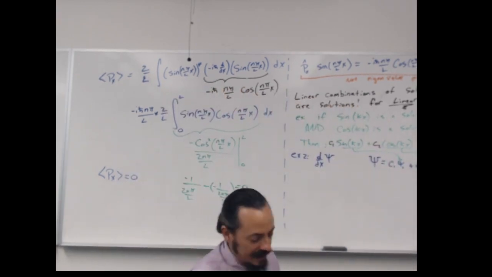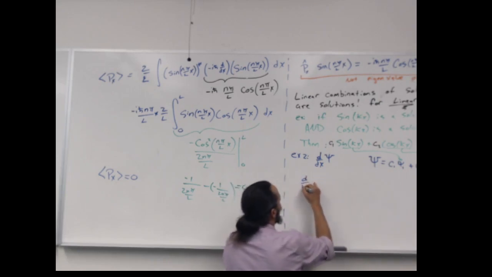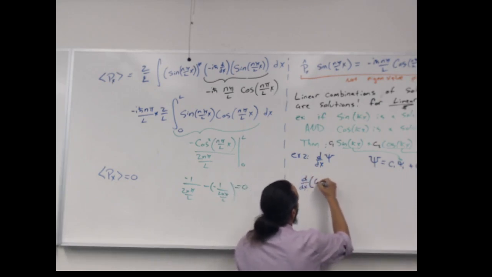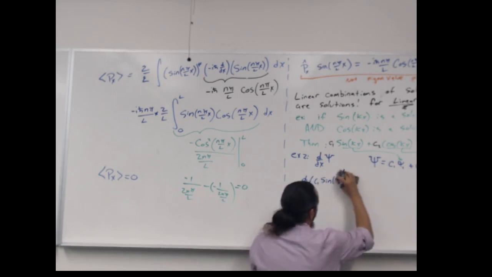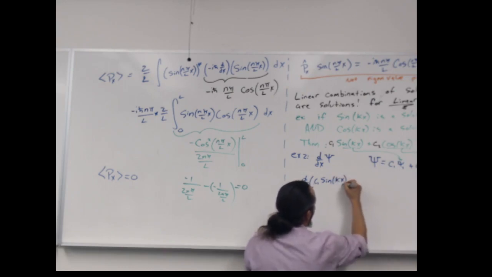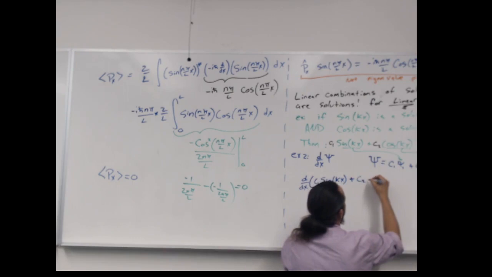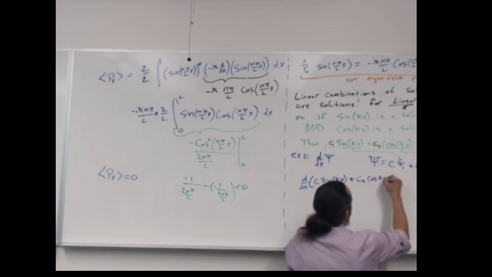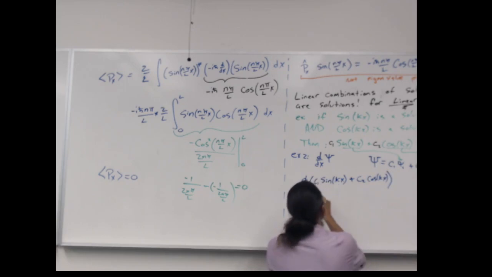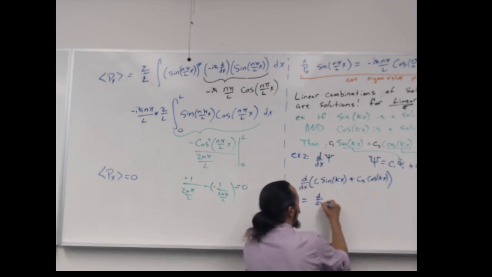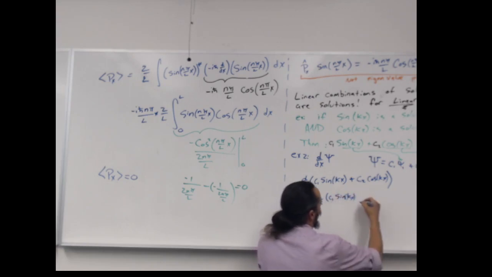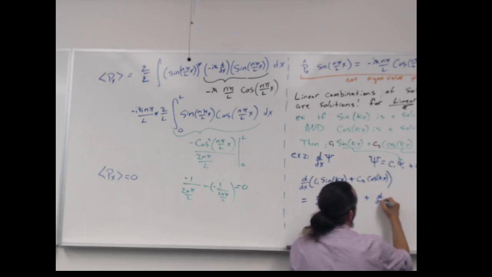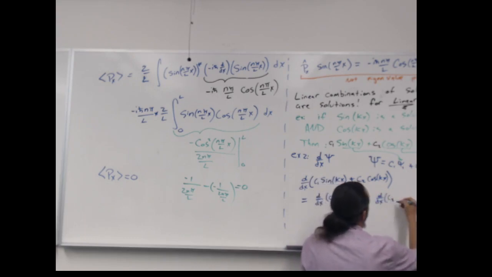The thing we want to see is if I do d by dx on c1 sine kx, trying to keep it generic, plus c2 cosine kx, that's the same as doing d by dx on c1 sine kx plus d by dx on c2 cosine kx.